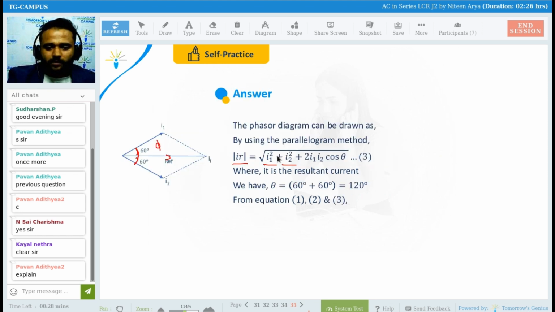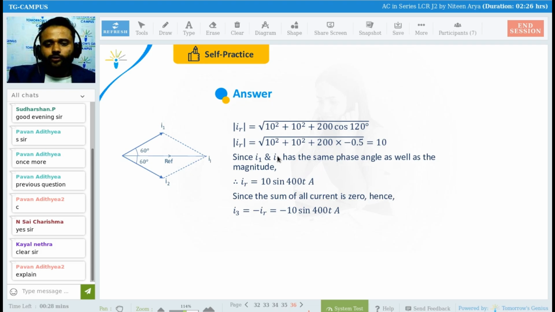Since I1 and I2 have the same phase angle as well as magnitude, IR equals 10 sine 400 t ampere.